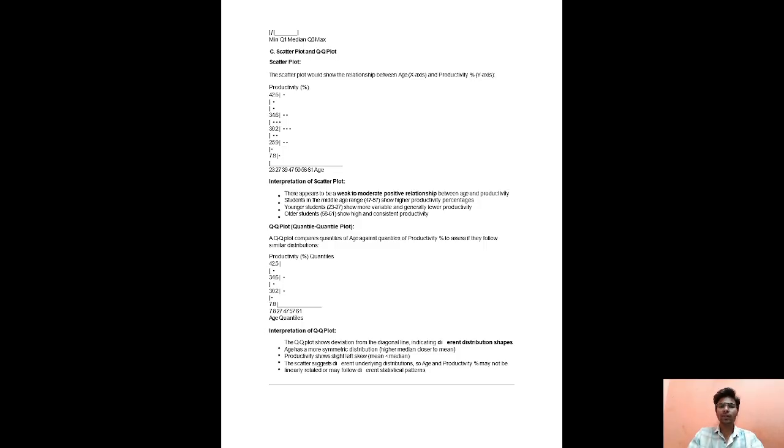Students in the middle age range, 47 to 57, show higher productivity percentages. Younger students, 23 to 27, show more variable and generally lower productivity. Older students, 58 to 61, show high and consistent productivity.